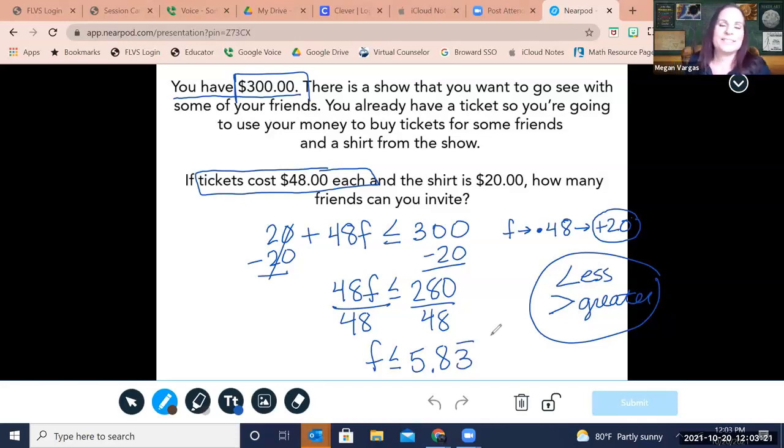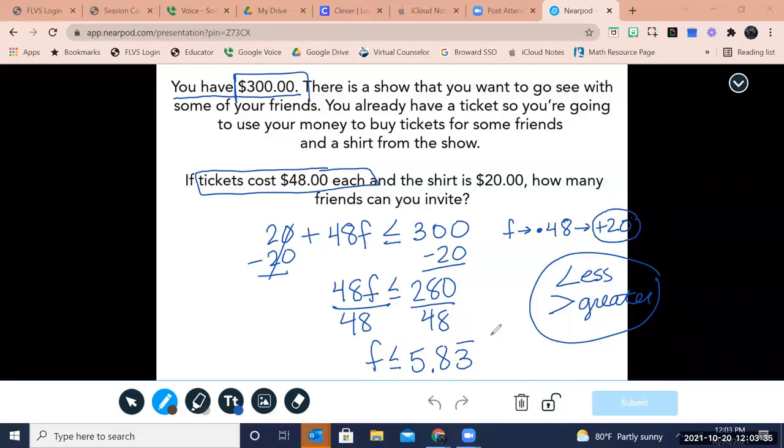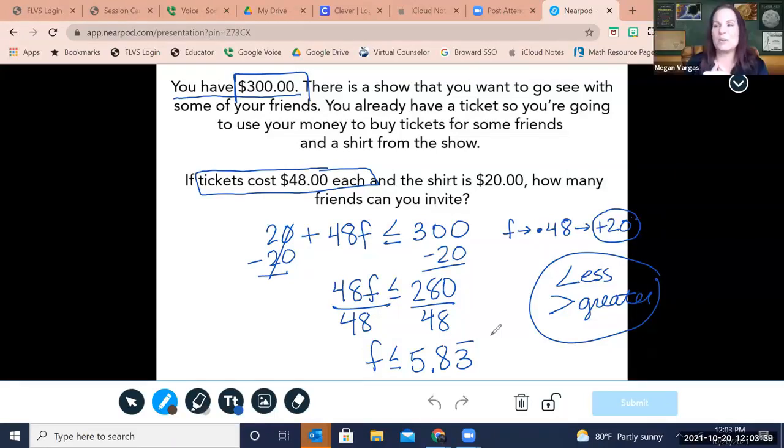Now, obviously, I can't have 5.8 friends, right? That's not a thing. We're not doing fractional, decimal parts of people. So how many friends can I invite? Type it in the chat. What's the greatest number of friends that I can invite? The largest amount of friends.